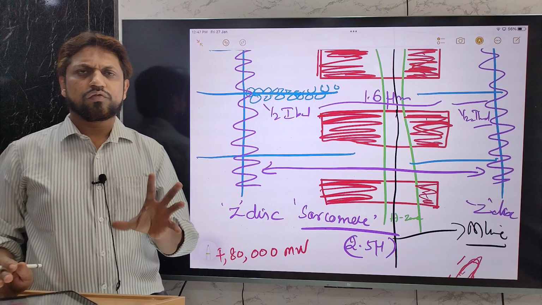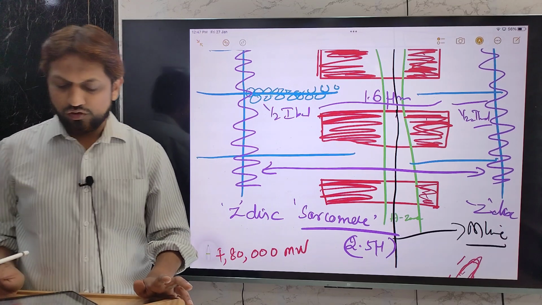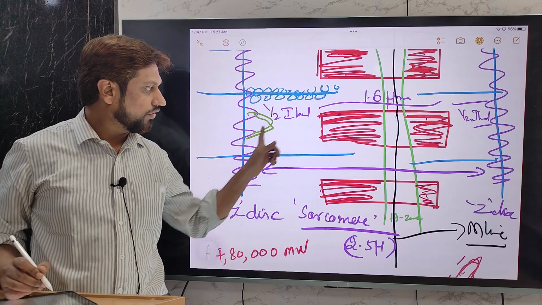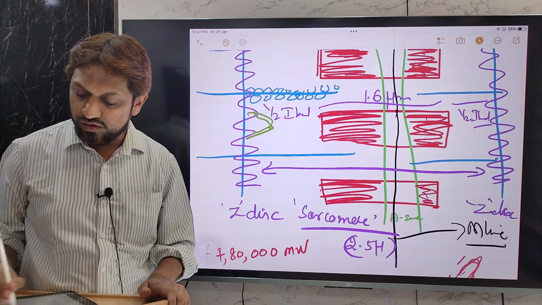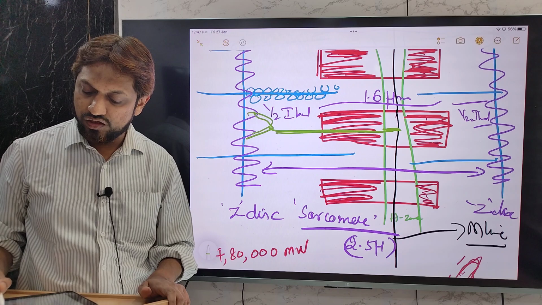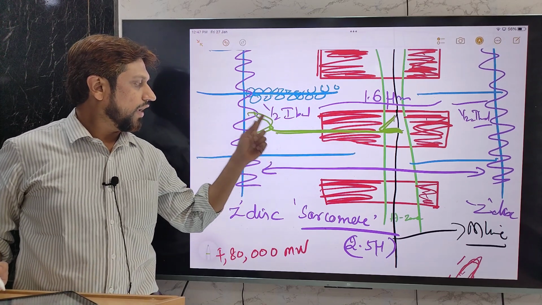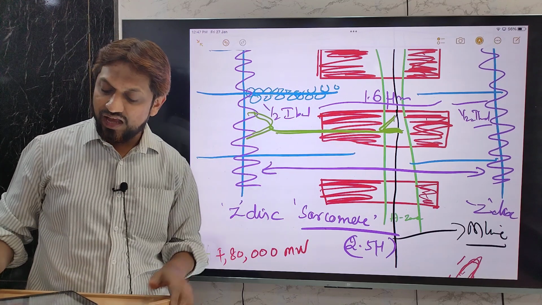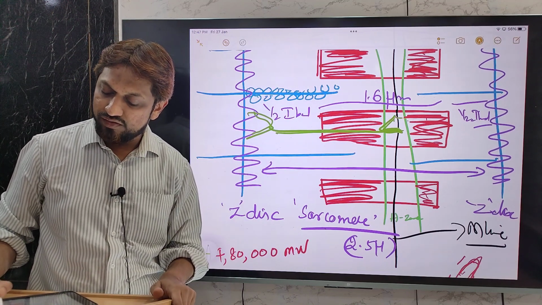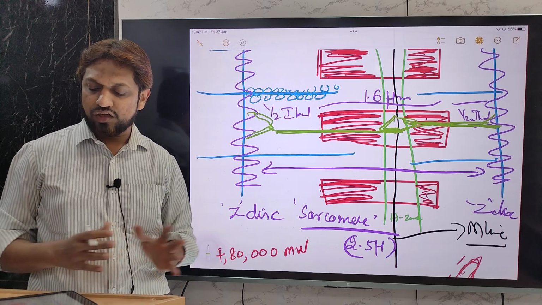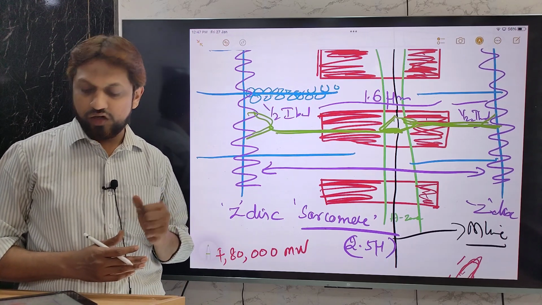Titin is one of the largest proteins present in the human body. It connects the Z line, or Z disc, with the M line in the center, as I have shown with the green pen. It is an elastic protein of very large molecular weight.